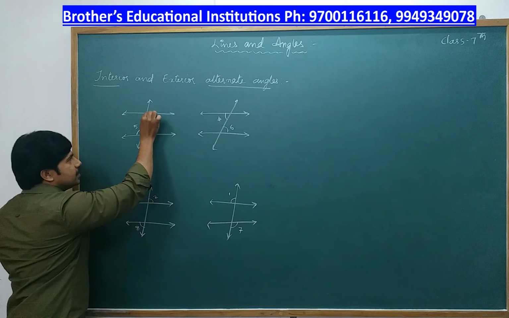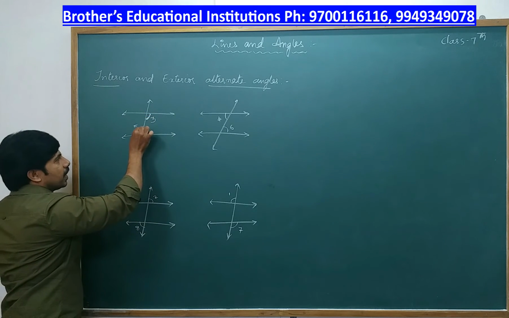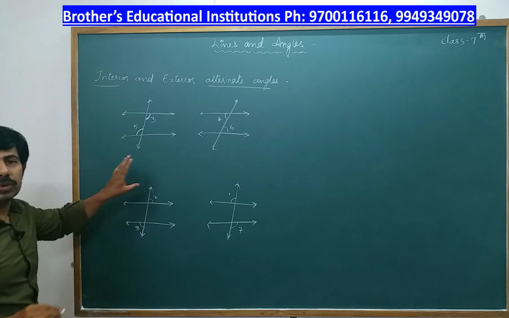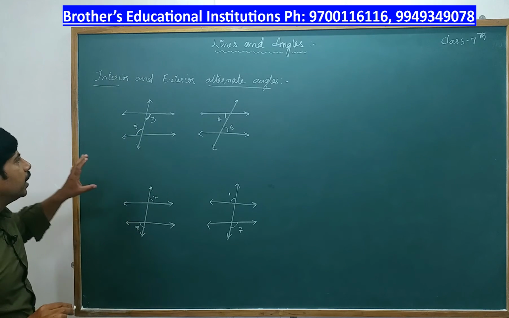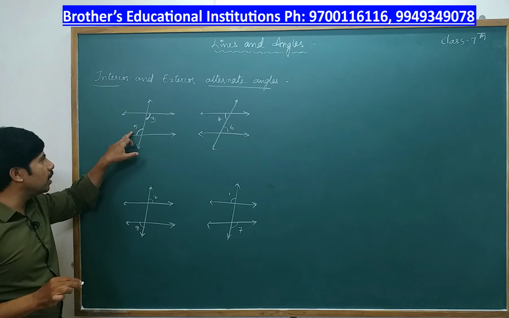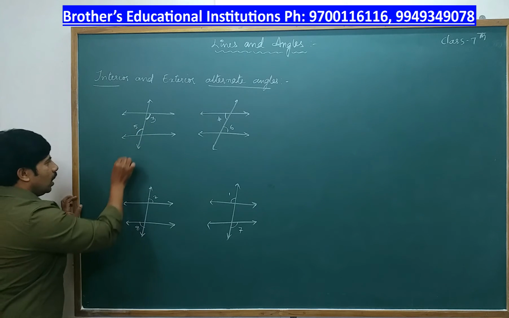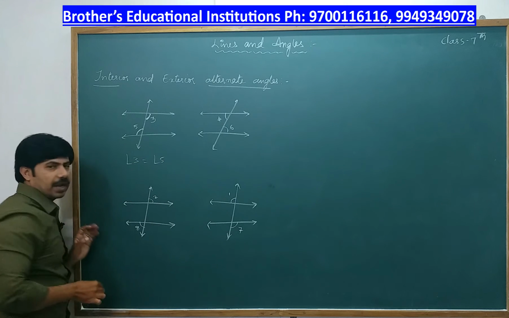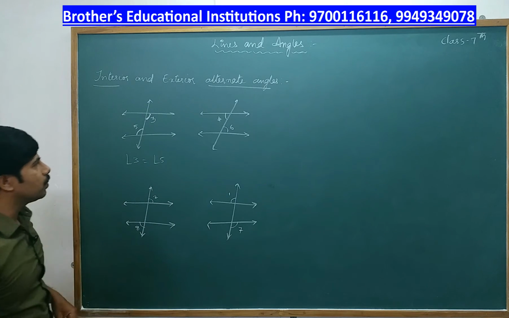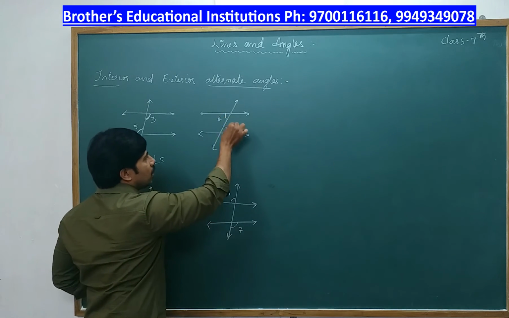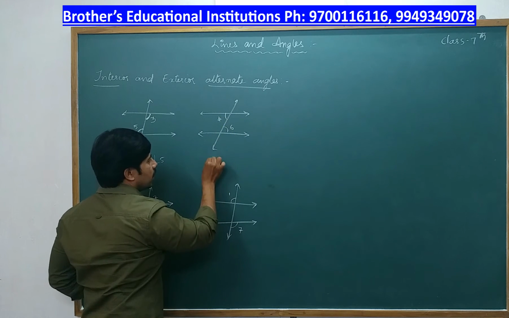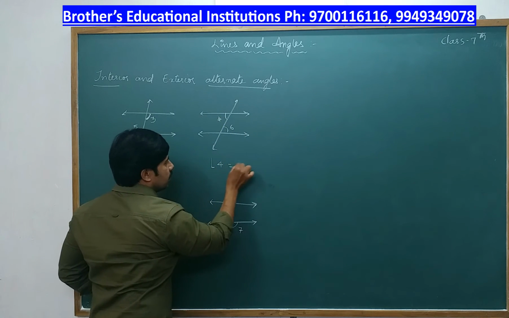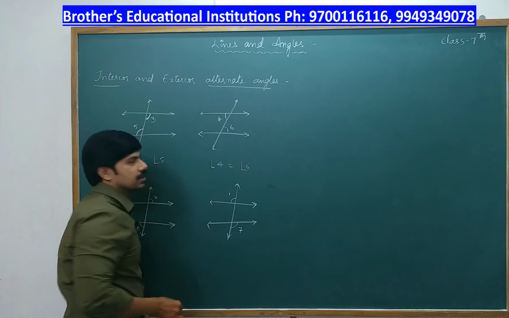One angle is on one side and the other angle is on the other side, and both are interior. Okay, remember, the interior alternate angles are equal. So here 3 is equal to 5. Angle 3 is equal to angle 5. And the next one is also interior alternate angle. So here angle 4 is equal to angle 6.